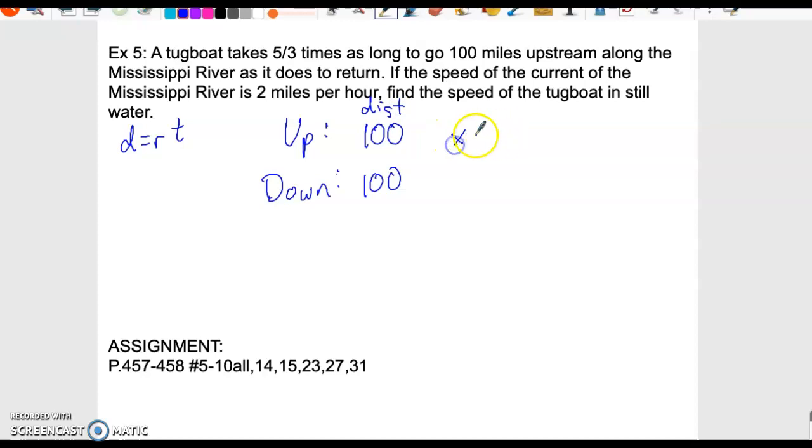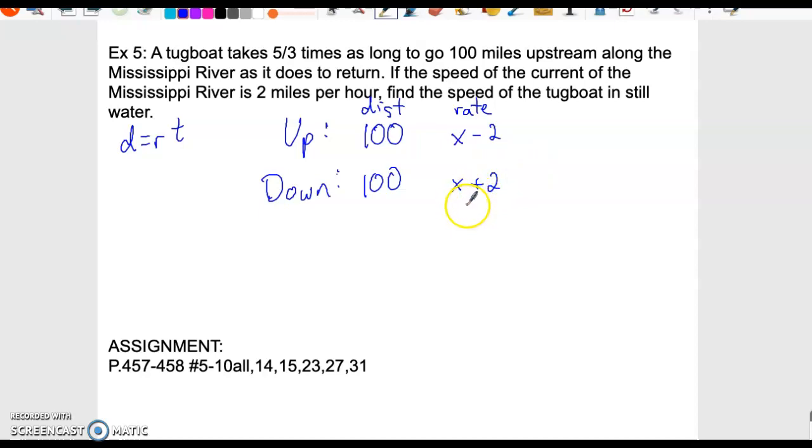We don't know the speed of the boat, but the current of 2 miles per hour is going to be going against it. So the rate would be x minus 2 there. Whereas if we go downstream, it's going to add 2 miles per hour to that speed.